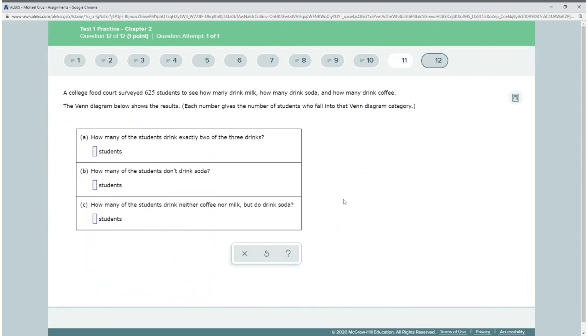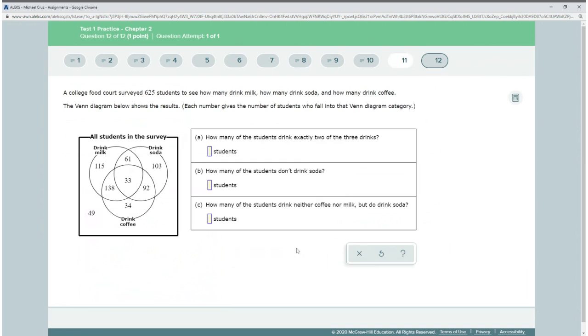All right. Now, if you got the Venn diagram already worked out for you, that makes it nice and easy. It says how many students drink exactly 2 of these types, 2 of the 3 drinks.